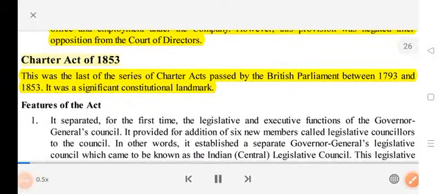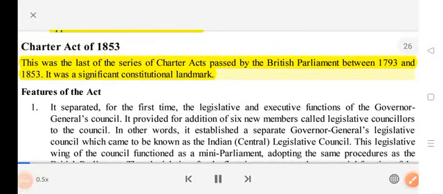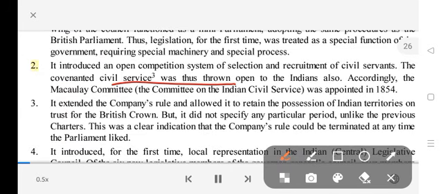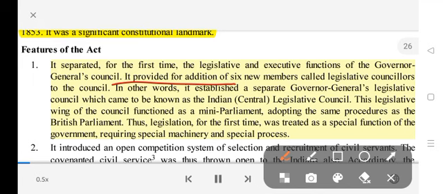Charter Act of 1853. This was the last of the series of Charter Acts passed by the British Parliament between 1793 and 1853. It was a significant constitutional landmark. Features of the Act. It separated, for the first time, the legislative and executive functions of the Governor-General's Council.